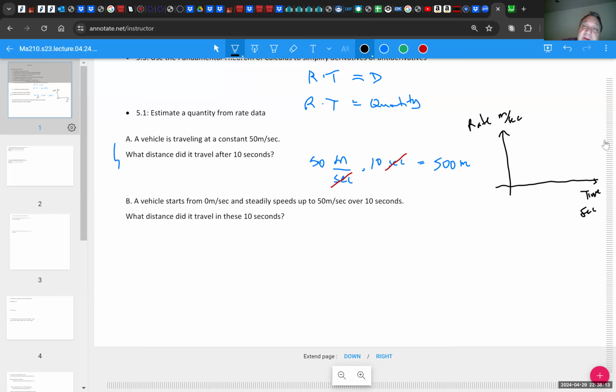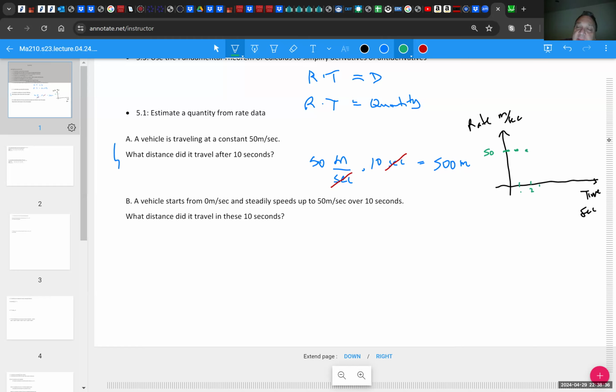So what do I have here? Originally at time zero, we have this vehicle traveling 50 meters per second, so I'll put 50 up there. That's the rate at time zero. But the rate at every time is actually 50. It says a constant 50. So at time one, it's 50. At time two, it's 50.